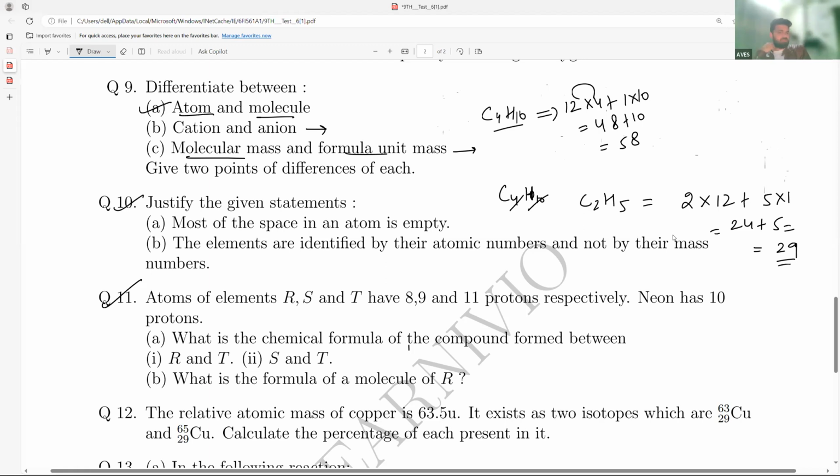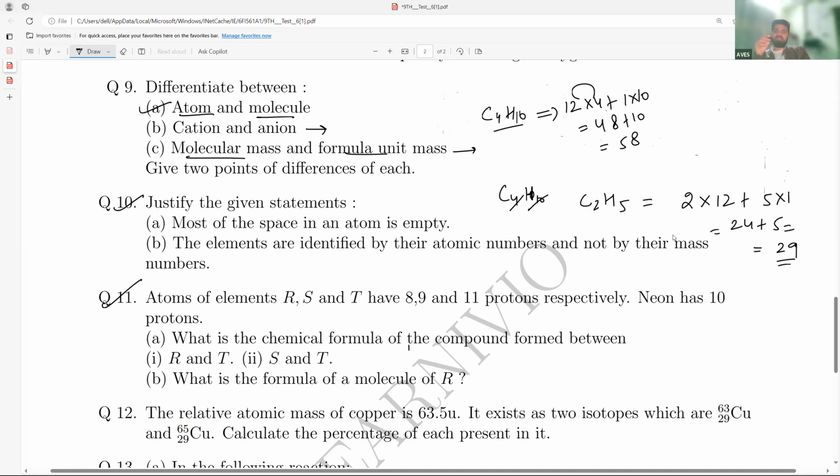Justify the given statement that most of the space in an atom is empty. How will you justify this one? Because atoms contain electrons which have minimal mass, because of that, the atom is mostly empty. Yeah.